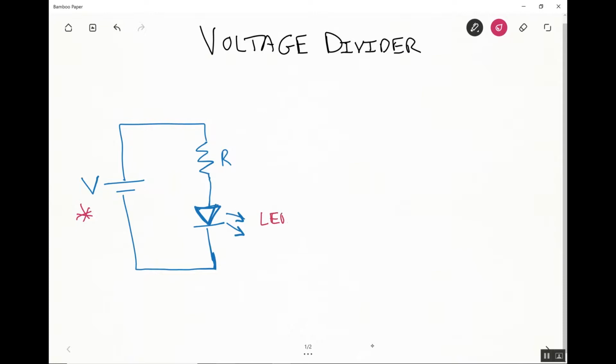We can also say that V, the total voltage supplied to this circuit, is equal to the current flowing through the circuit multiplied by the total resistance of the circuit. So we could say V equals I times R total.